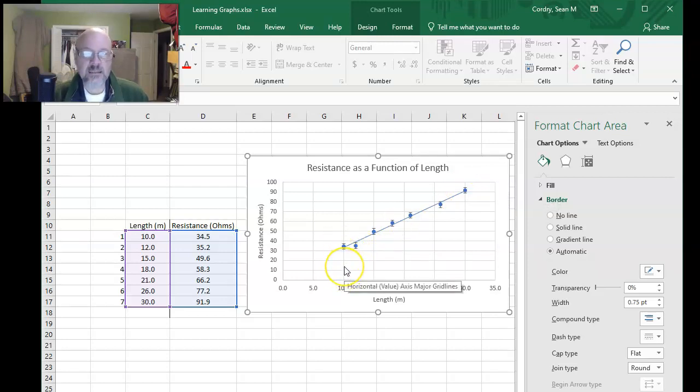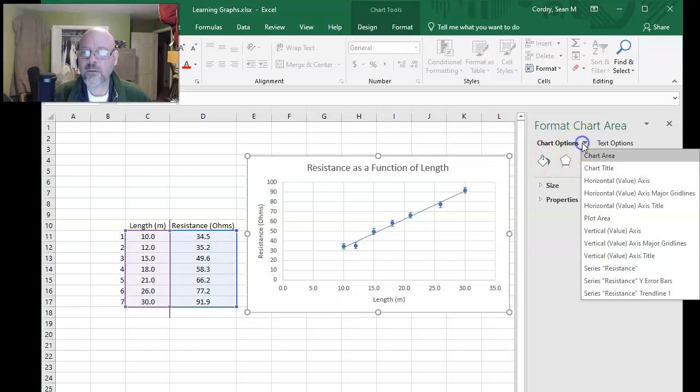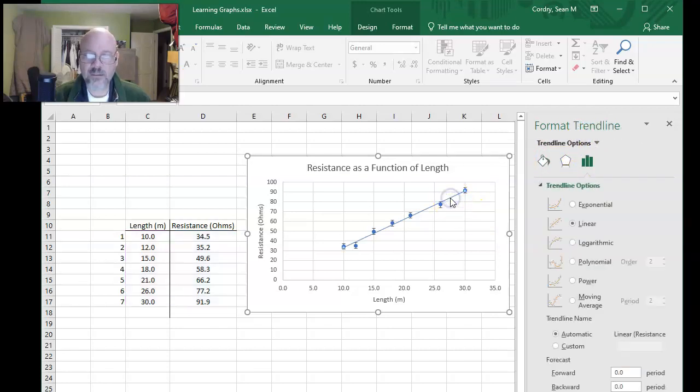Now, I don't like to see the trend line stop on data points, because the person looking at your graph is going to think connect the dots, and that's not necessarily the case. So we want to be clear about that. I forgot, I didn't click on it. We want to click on it, get this format window back, and do a forecast. It says period here; don't worry about that, just think of it as units.